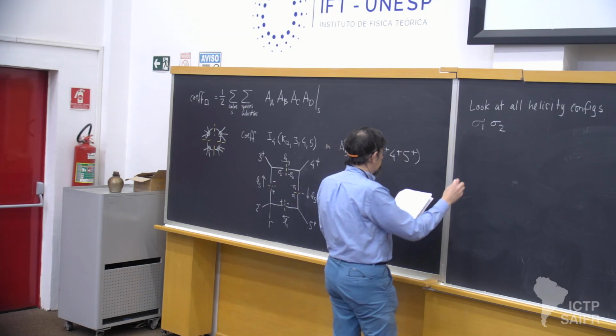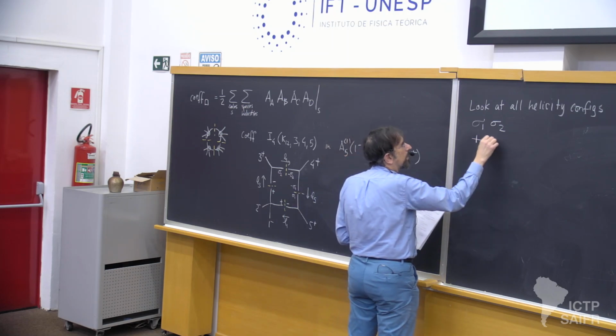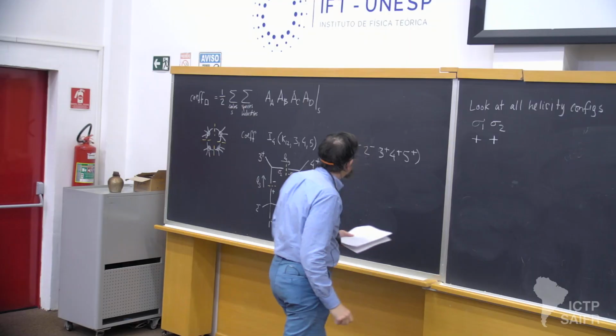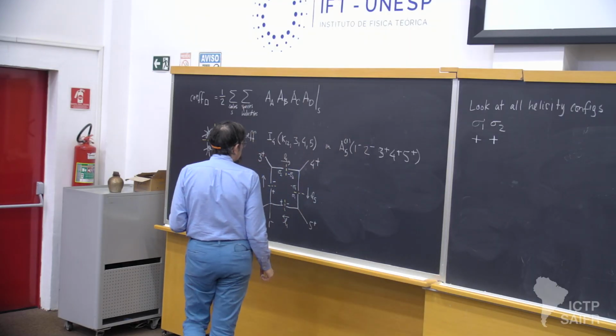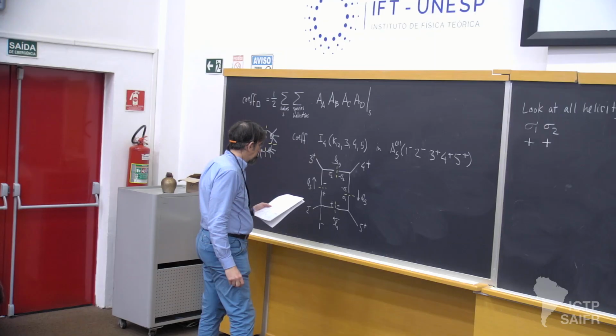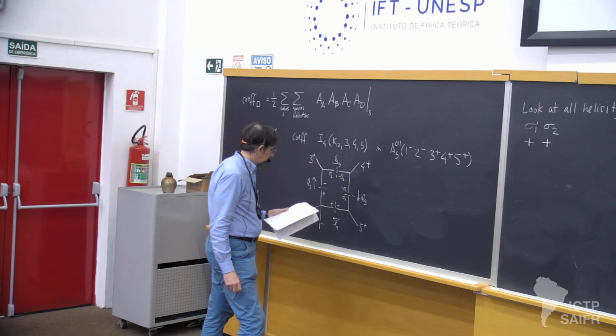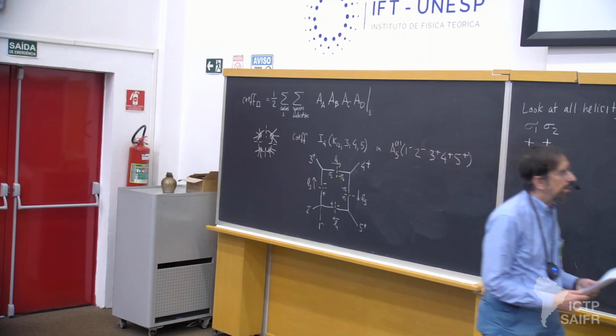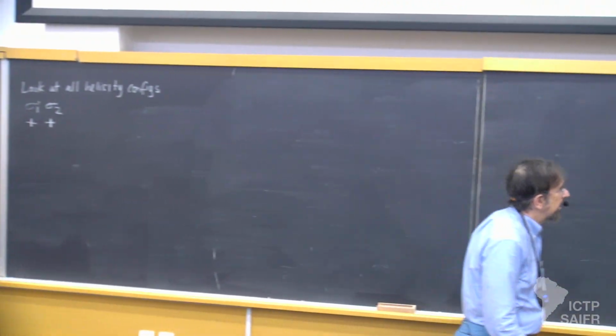So let's write them down. So let's start with a simple one. Let's suppose we choose them both to be plus and plus. Actually, this is backwards. Sorry, I'm going to choose them to be minus and minus.